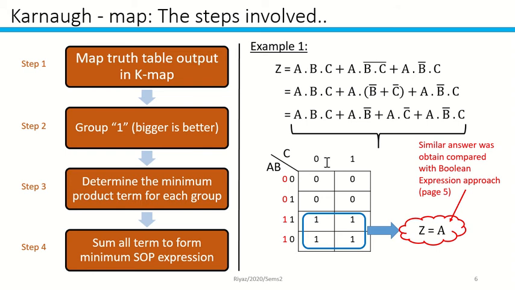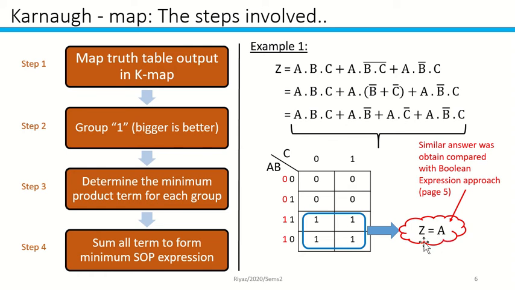From here you can put it on the map. For example, a dot b dot c: you have 1 1 over here for A and B, and C is also 1, so you have a 1 over here. You just put them in, and so on until you finish.